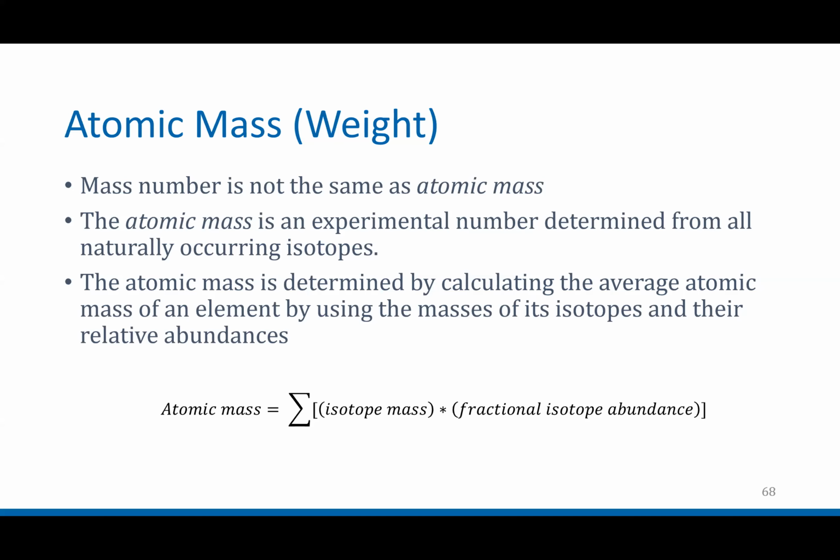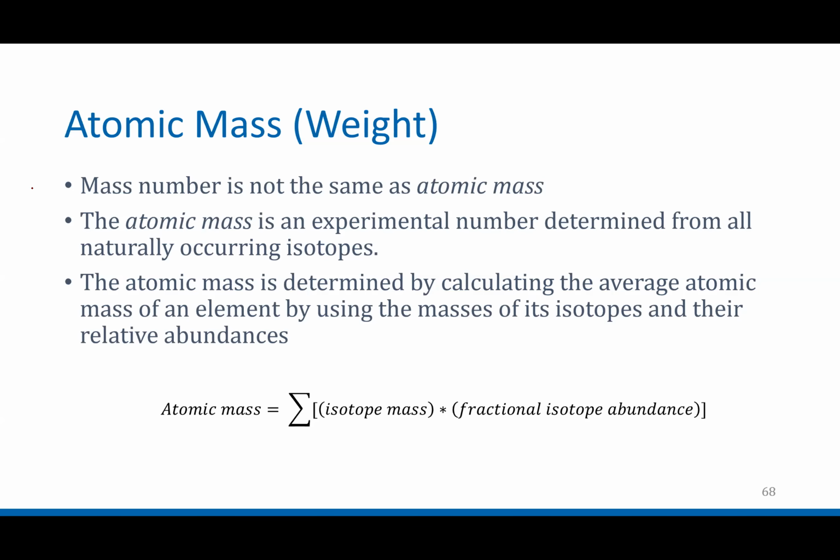We'll be talking about chemical reactions and stoichiometry, which is kind of like a recipe for a chemical reaction. One of the most important numbers in that calculation is something called the atomic weight or atomic mass. I know mass and weight aren't technically the same thing, but depending on the periodic table you're using, it will say atomic mass or atomic weight.